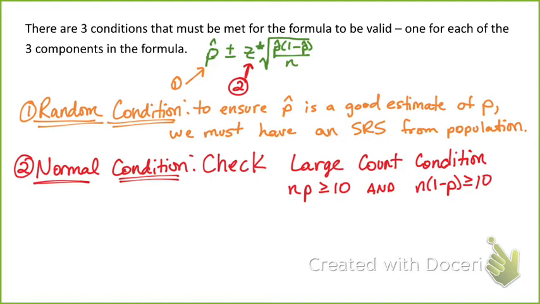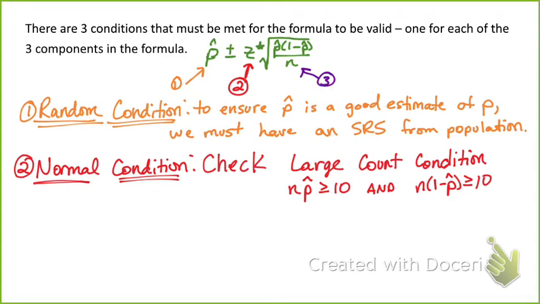If you don't know the truth, just stick a hat on it. So we're actually going to check the large count condition, but we're just going to use the p hat values.